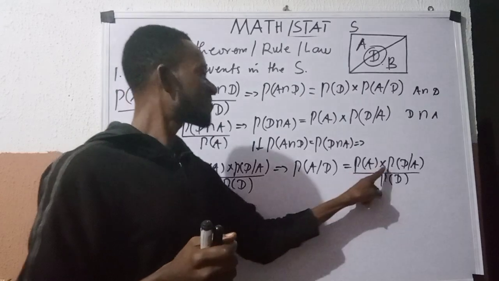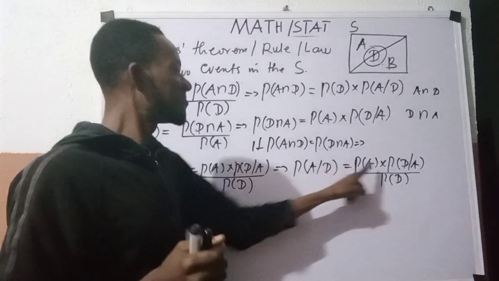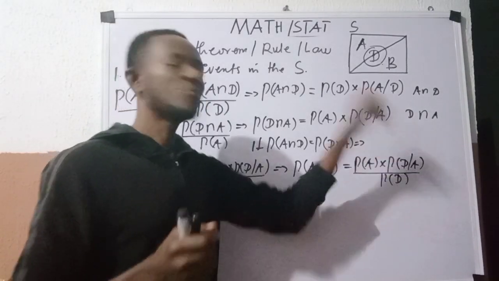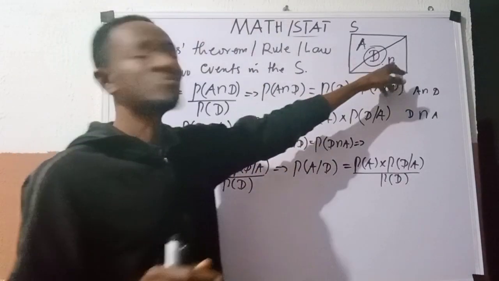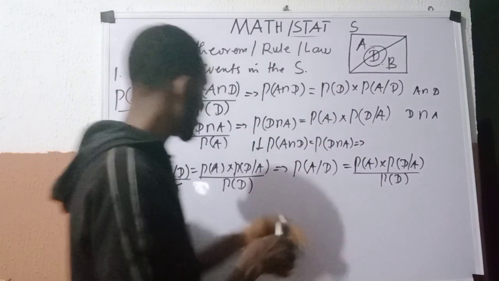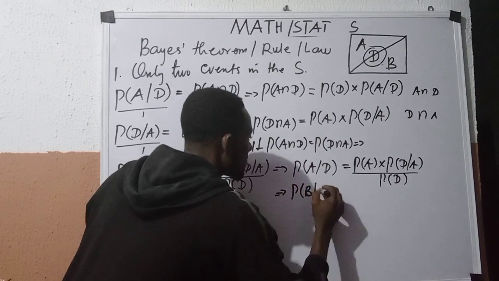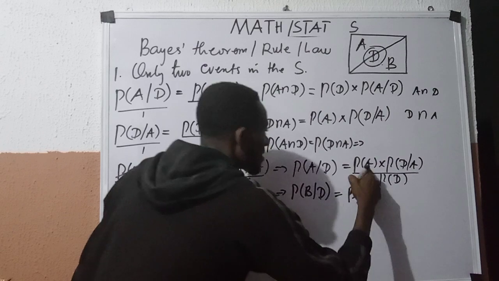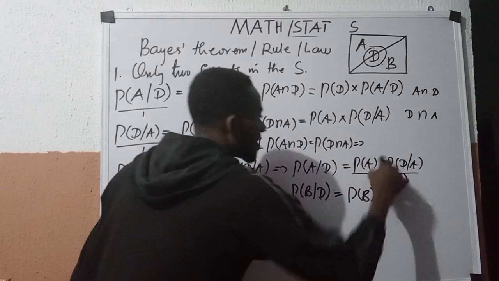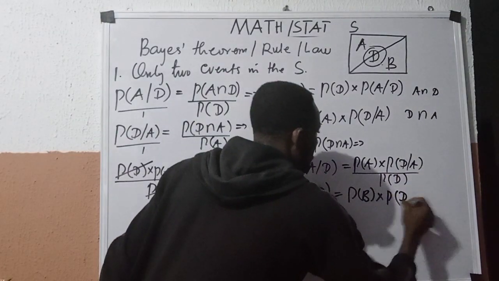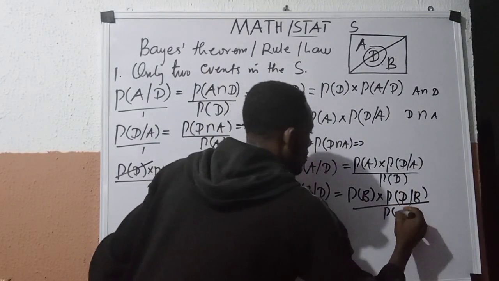If P of A given D is expressed like this, then if I want to talk about P of B given D, I come to this formula and anywhere I see A, I replace it with B. If we began this derivation afresh with B, we must arrive at the same result. So this equally implies that P of B given D is given as P of B multiplied by P of D given B, all over P of D.